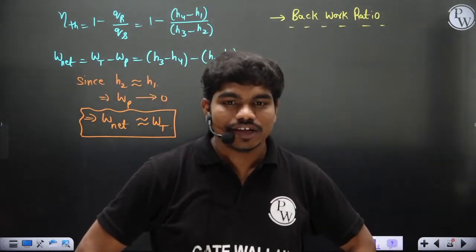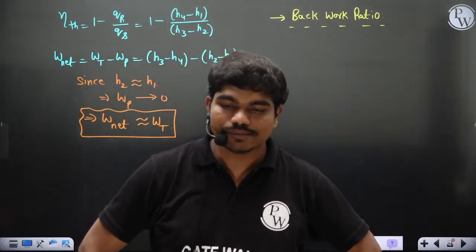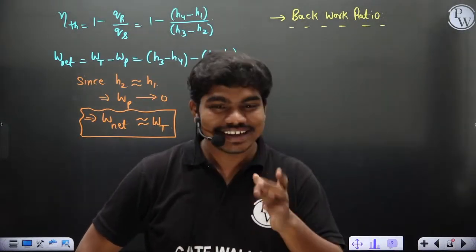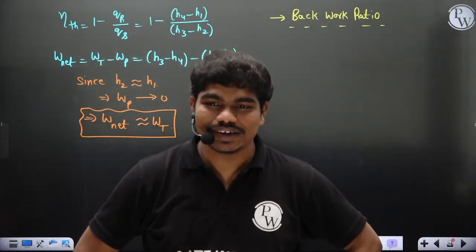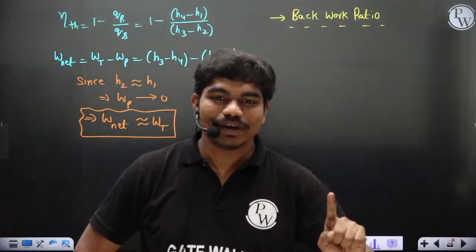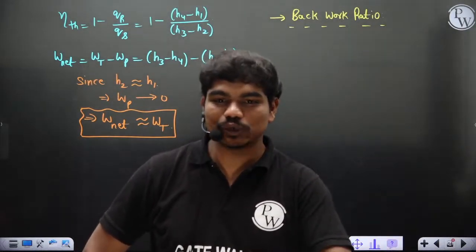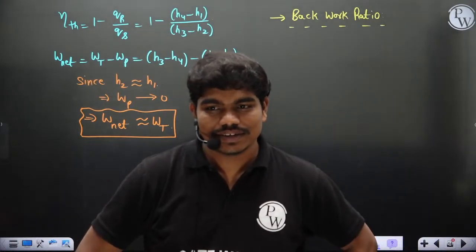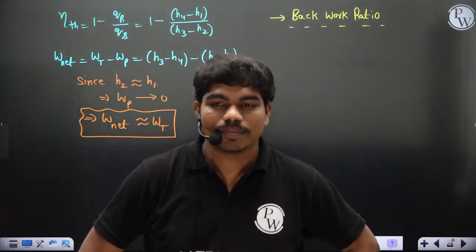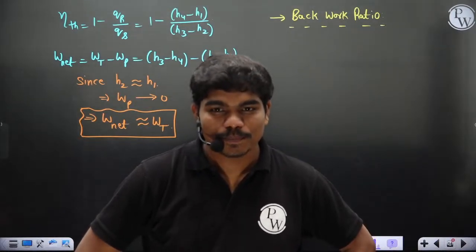In case of gas power plants, or in case of gas turbine cycles, complete work generated by the turbine is utilized by the compressor. Where? Any idea?